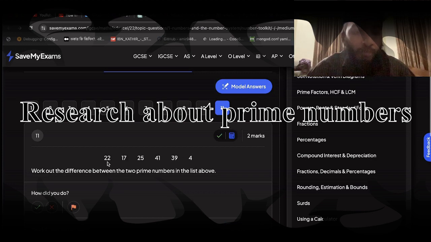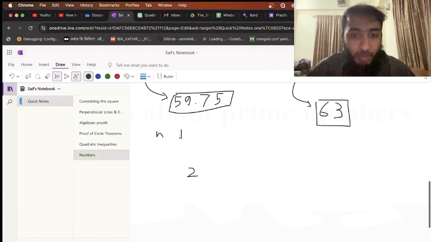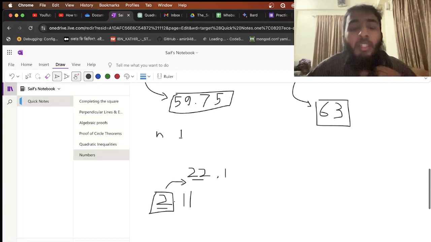If we look at the first number, 22, it is not a prime number, because if we multiply 2 with 11, we get 22. There is a number other than 22 and 1 that can be used as a divisor.